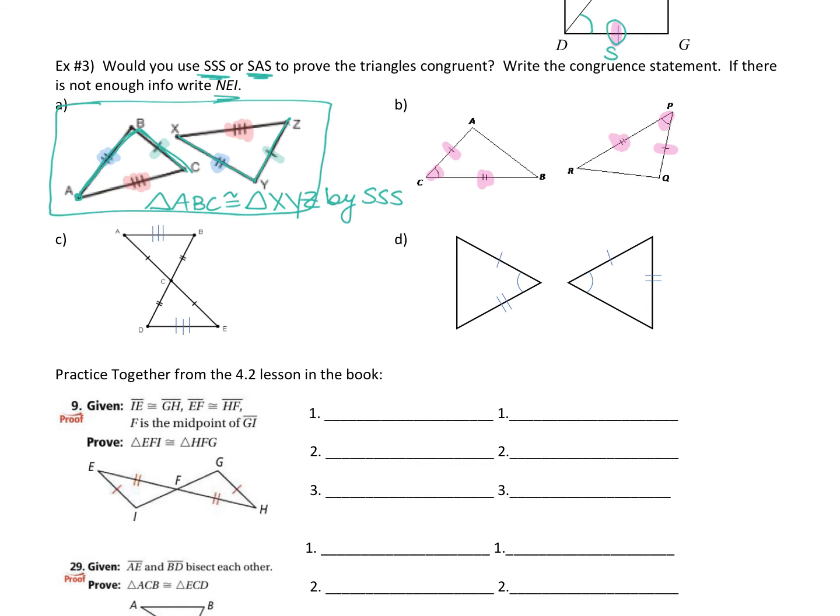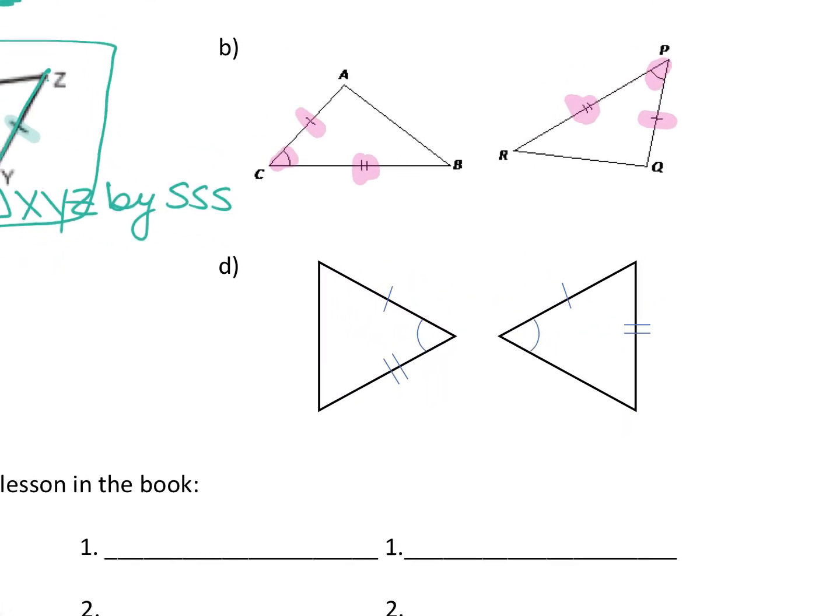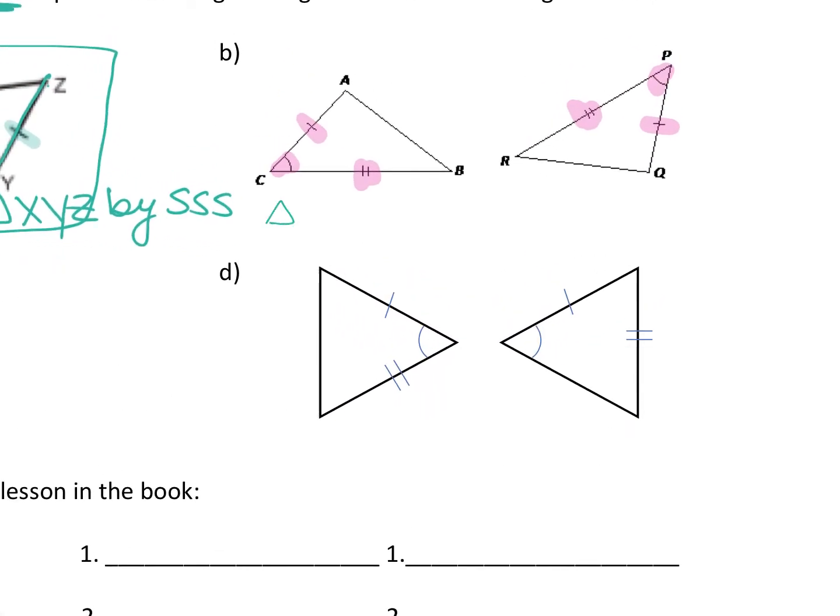Anyone want to try to give me the congruent statement? Triangle what congruent to triangle what? I'll start you. ACB. Triangle ACB is congruent to what triangle? PRQ. ACB goes through the single marking, through the double marking, right?